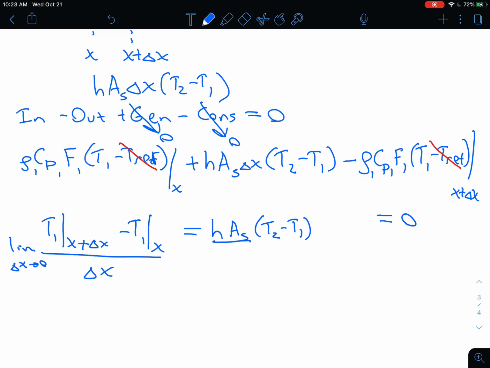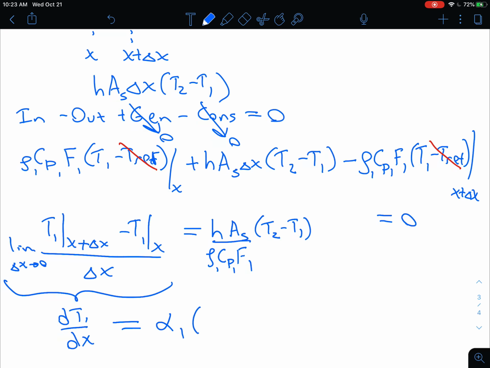And this is going to be H A sub S over rho 1 CP1 F1, and this is going to be d by dx of T1. So this comes out to alpha 1 times T2 minus T1.